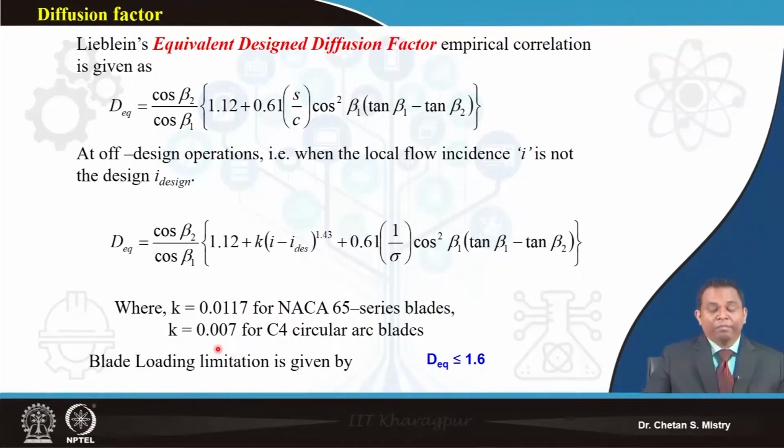The blade loading limitation is calculated based on this Lieblein's equivalent factor. He said that it needs to be less than 1.6. So many times during the design, people take this parameter into consideration, but most preferably people go with the diffusion factor we discussed in the last session.